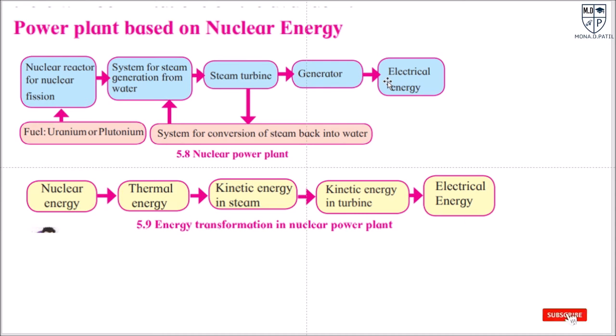The flow chart of this power plant is shown here. Thus the nuclear energy is converted into thermal energy. Thermal energy is converted into kinetic energy of steam. Kinetic energy of steam is converted into kinetic energy in the turbine, and finally the kinetic energy of the turbine is converted into electrical energy. The step by step transformation is shown here.